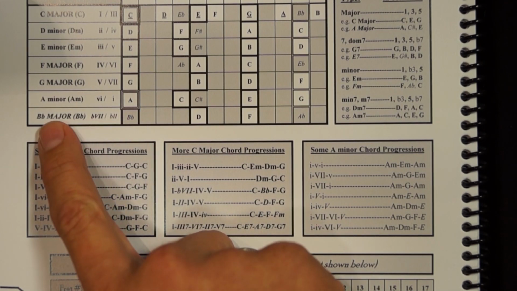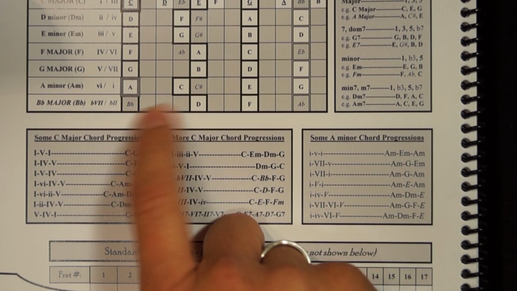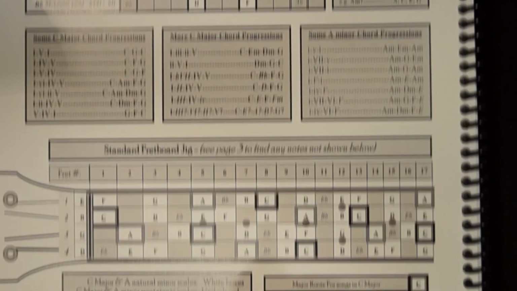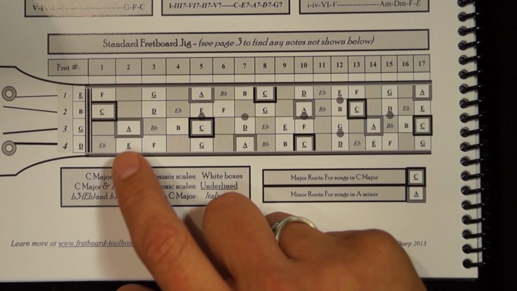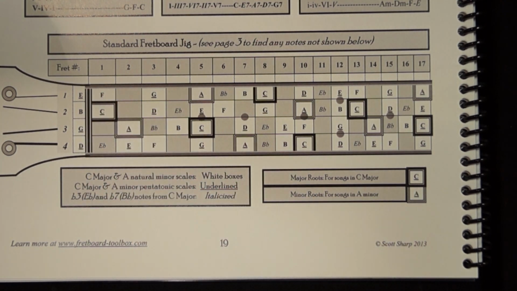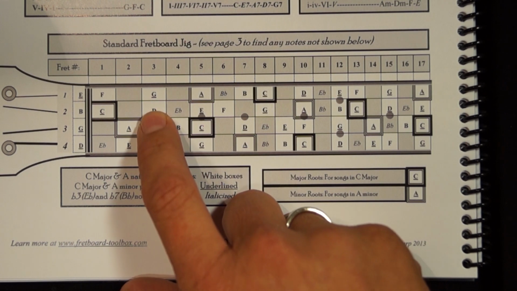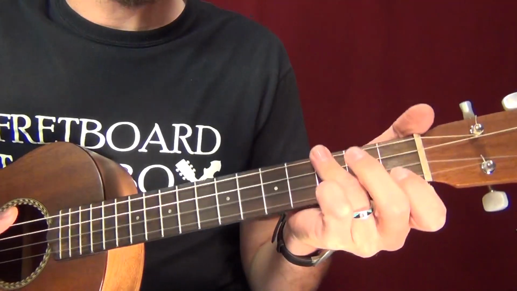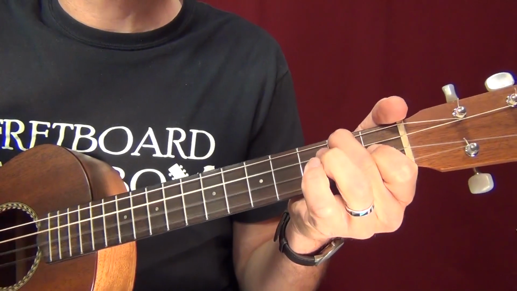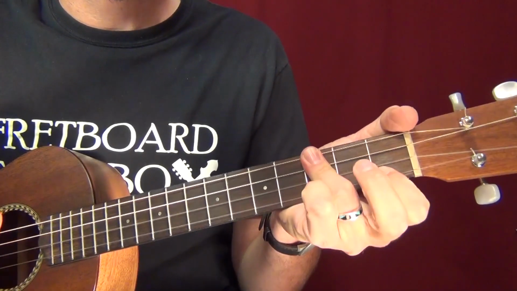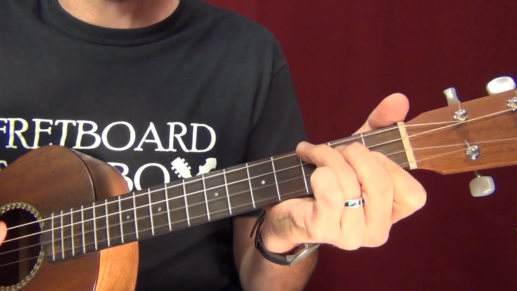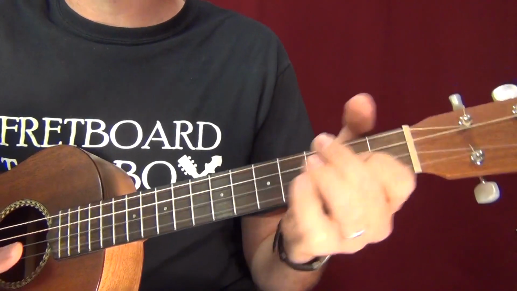But if I wanted to play a B flat major chord, I'm going to use the notes B flat, D, and F. So if I come down here and I look for where can I cover B flat, D, and F notes, then I can just grab 3rd fret, 3rd fret, 3rd fret, and then 1st fret. There's C major, B flat major, C major, and then F, G, back to C.